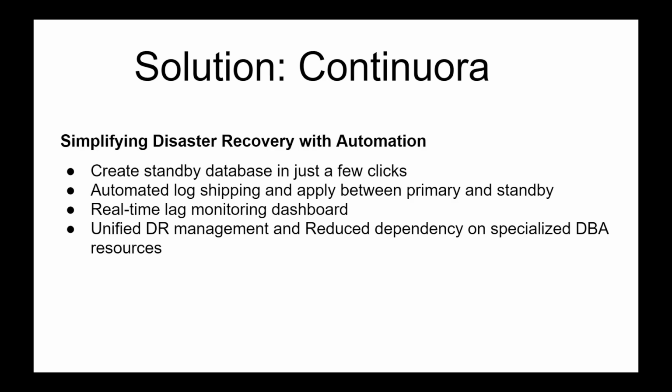To address this issue, Continuora provides source and target agents which take the role of sending archive logs from primary to standby database, and once the archive logs are received on the standby database, those get applied, thus ensuring the standby database gets all the real-time changes which occurred on the primary database.